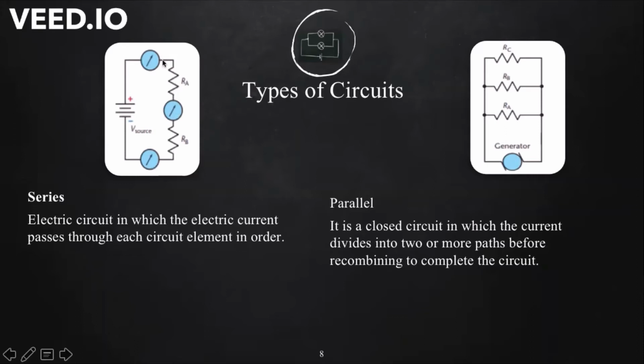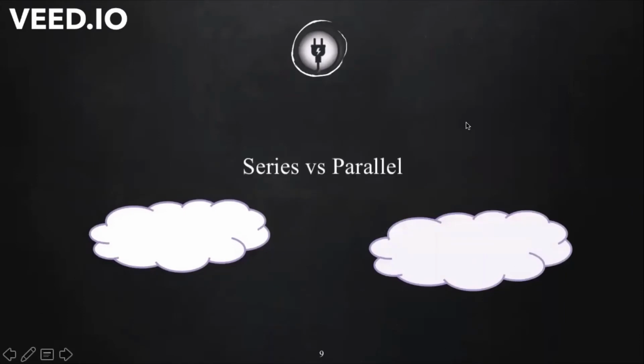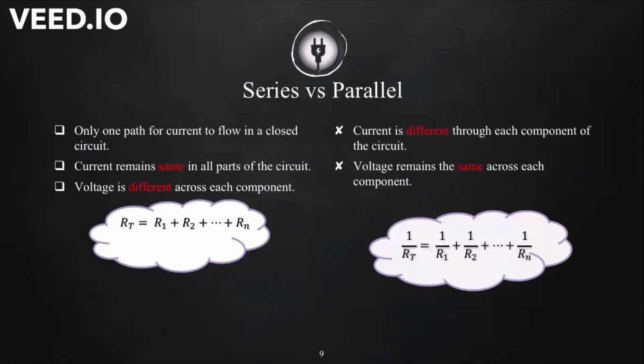It is going through it all without having to split the current up. As for parallel, as it goes in this direction, it would come to this point and the current would have to split into two and go in these two directions. So that is one of the differences between the two.